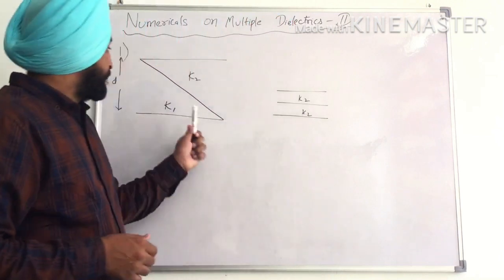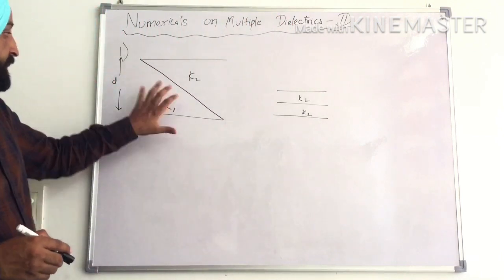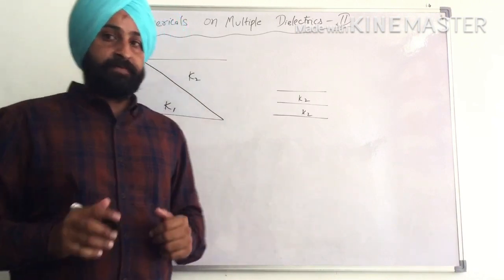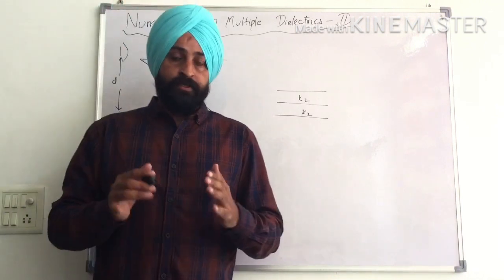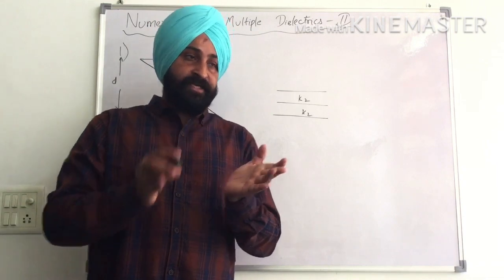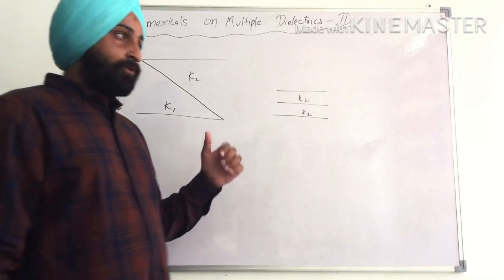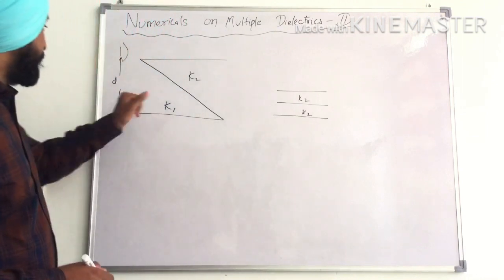Here also, in this question, these two dielectrics placed between a parallel plate capacitor will form two capacitors connected in series. But the problem is to calculate the net capacitance in this case.